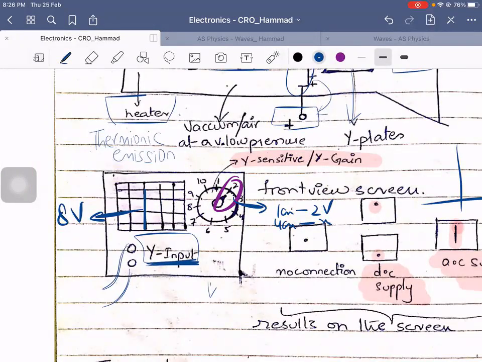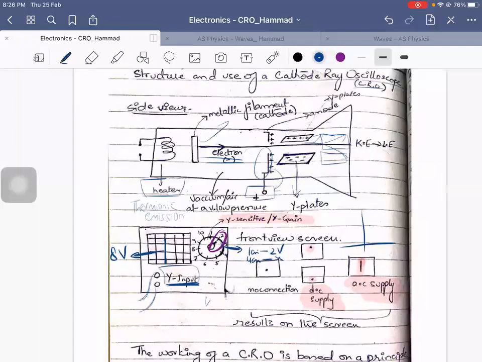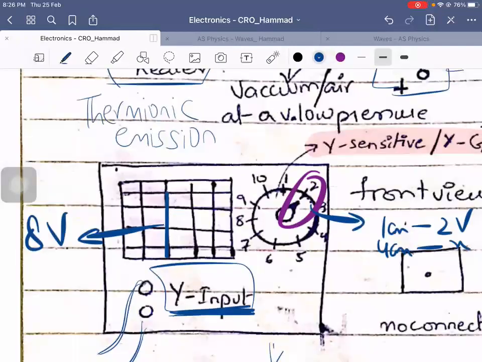One major thing you need to understand is that the CRO screen value is limited. So let's say for a minute you have to measure 8 volts. If I am increasing my Y sensitivity, right, this jump would decrease.